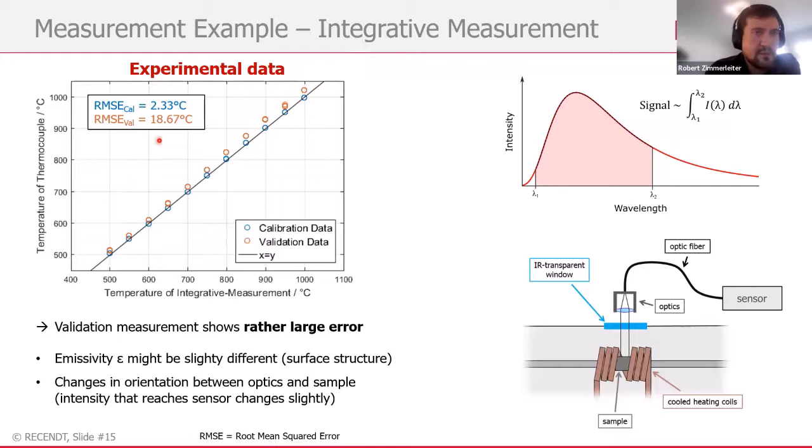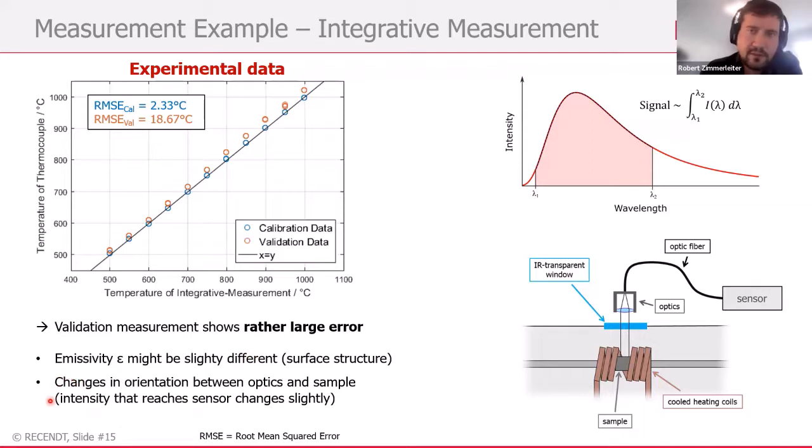but the validation measurement shows a very large error of about 18.67 degrees Celsius on average, which is most likely due to two different reasons, namely the emissivity epsilon might be slightly different because it's a different sample and a different surface structure. So the emissivity might change a little bit, and this directly gives you a false temperature reading.